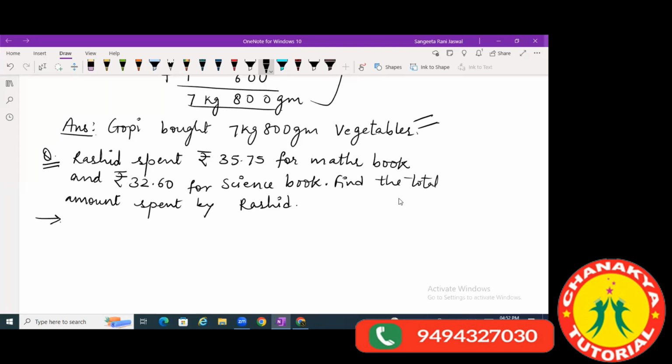Ma'am, Rashid spent for maths book equals rupees 35.75. Okay. So, everyone please write the first statement.